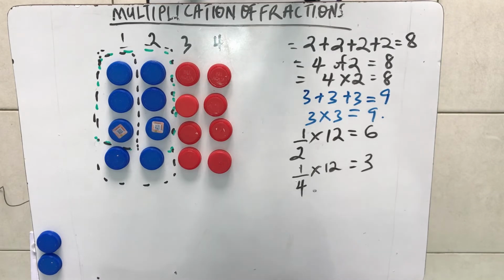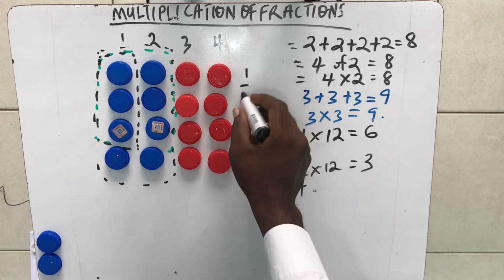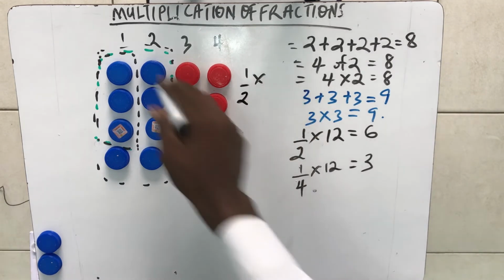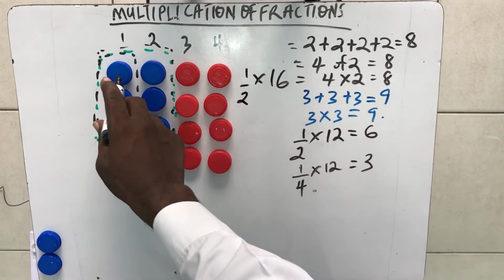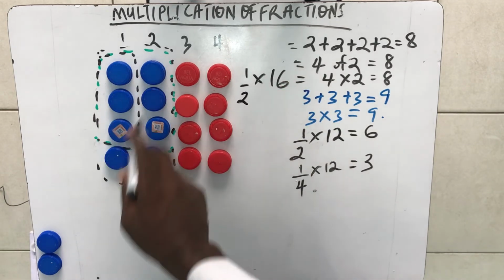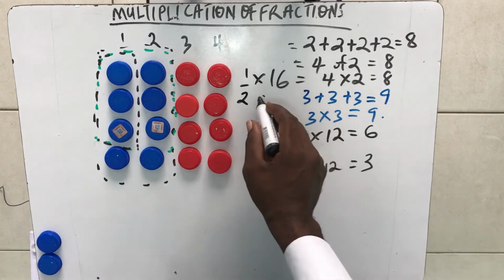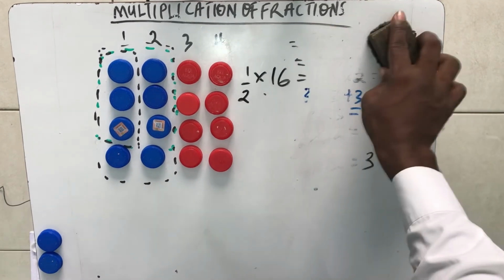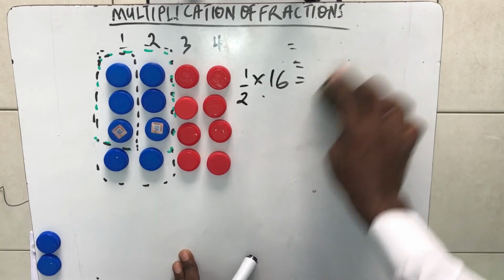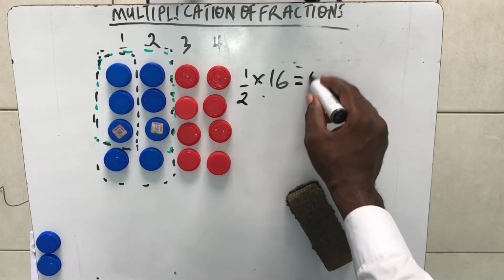So simply, half of the total, which is 16, is going to be just the blue: 1, 2, 3, 4, 5, 6, 7, 8. So half of 16 would be equal to 8.